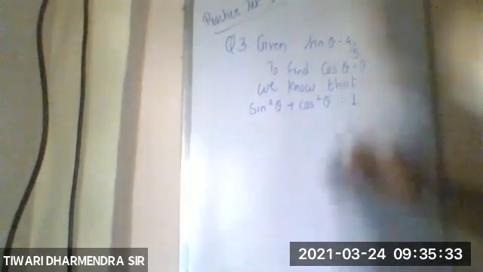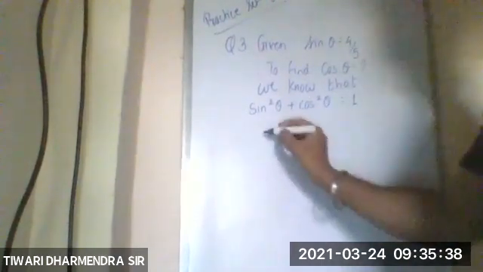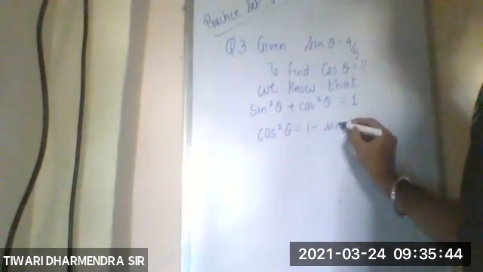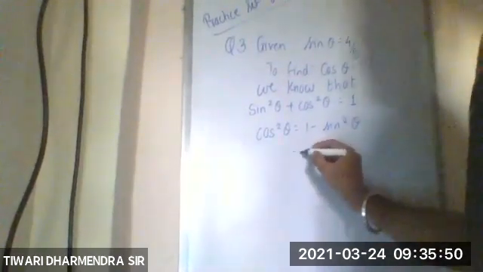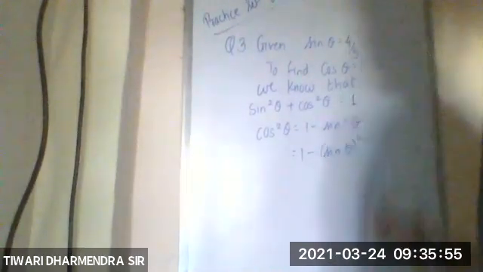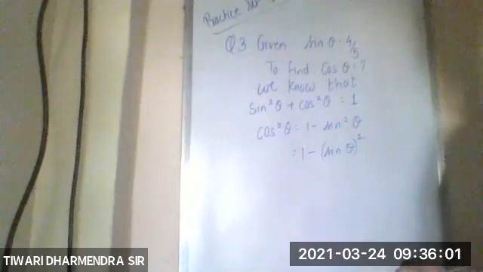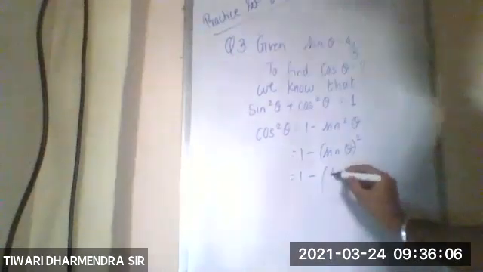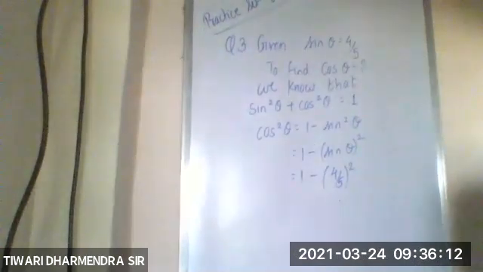So we know the value of sine theta, and we want to find cos theta. So cos square theta is equal to 1 minus sine square theta. This can be written as 1 minus sine theta the whole square, as I have explained that sine square theta is the same as sine theta the whole square. 1 minus the value of sine theta, 4 by 5, squared.